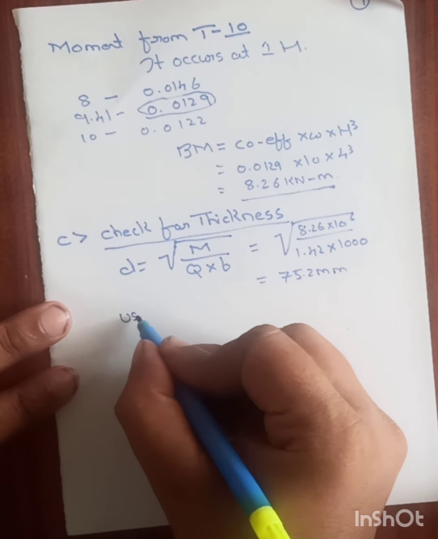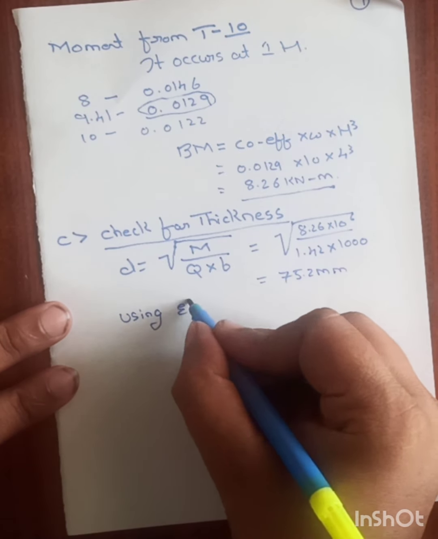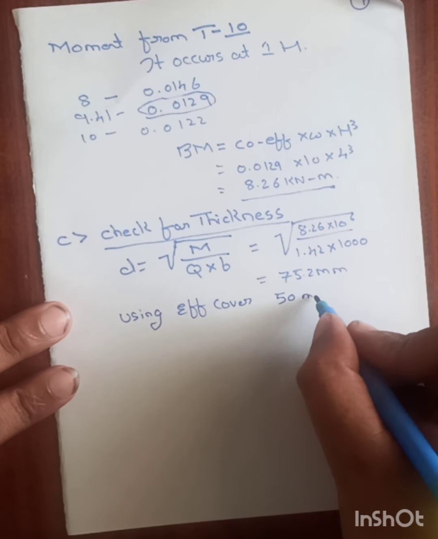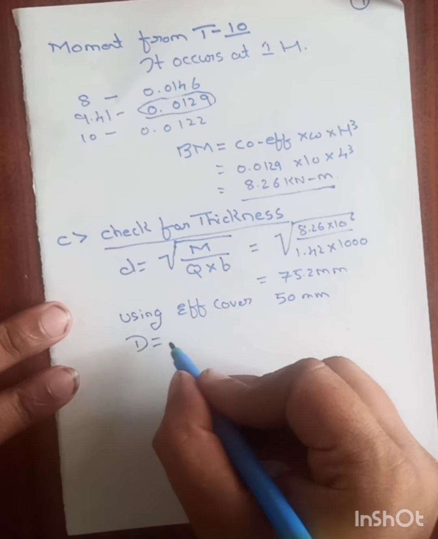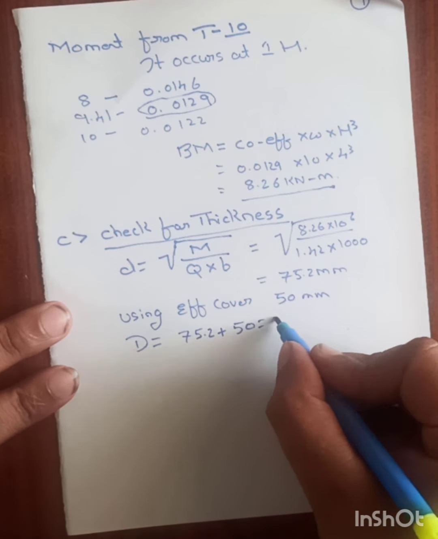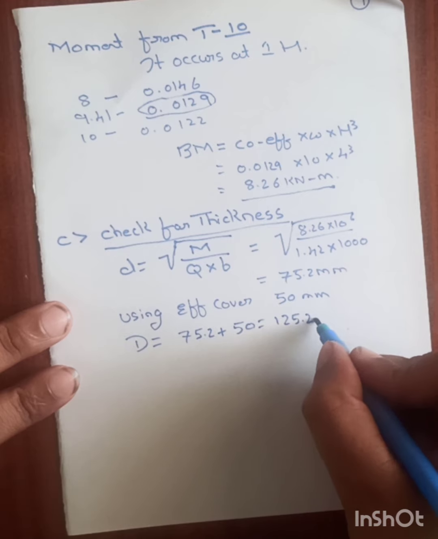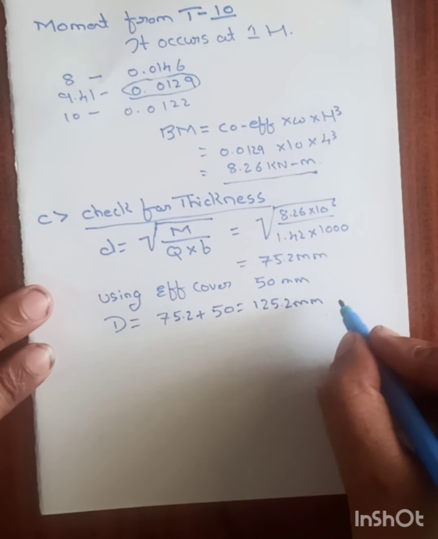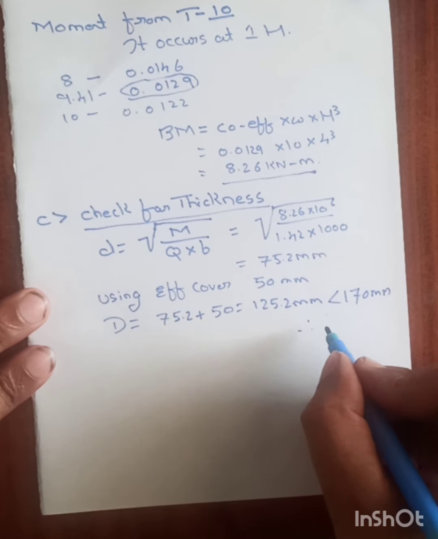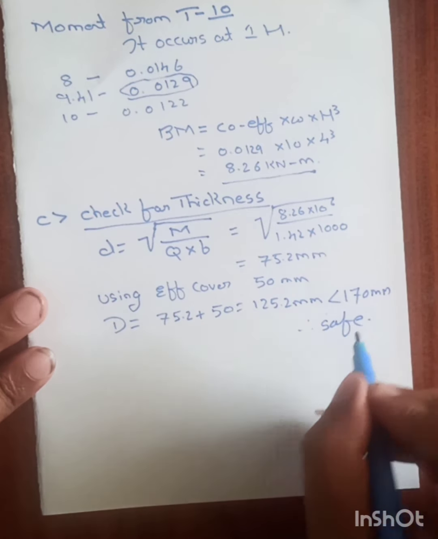Now using effective cover of 50 mm, overall thickness will be 75.2 plus 50, it is 125.2 mm, which is still less than 170 mm which we have provided. So it is safe, no issues here.